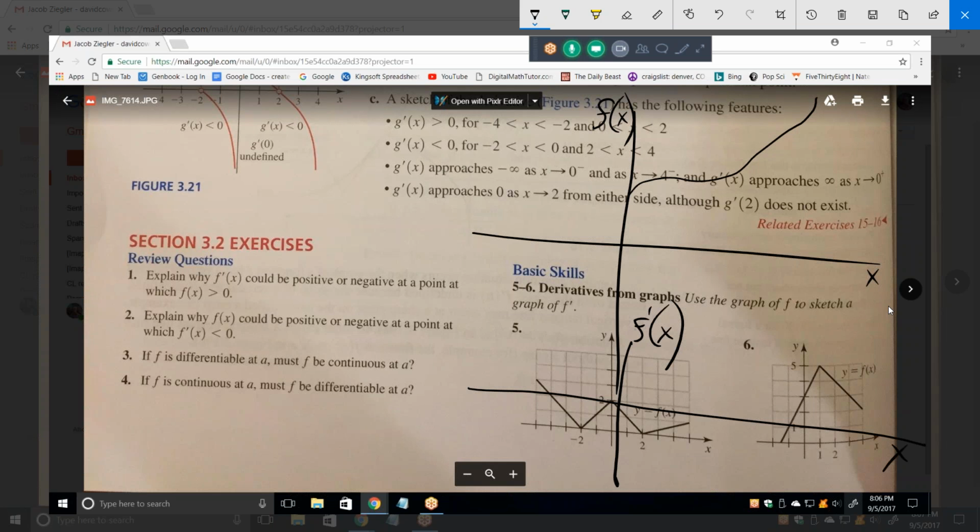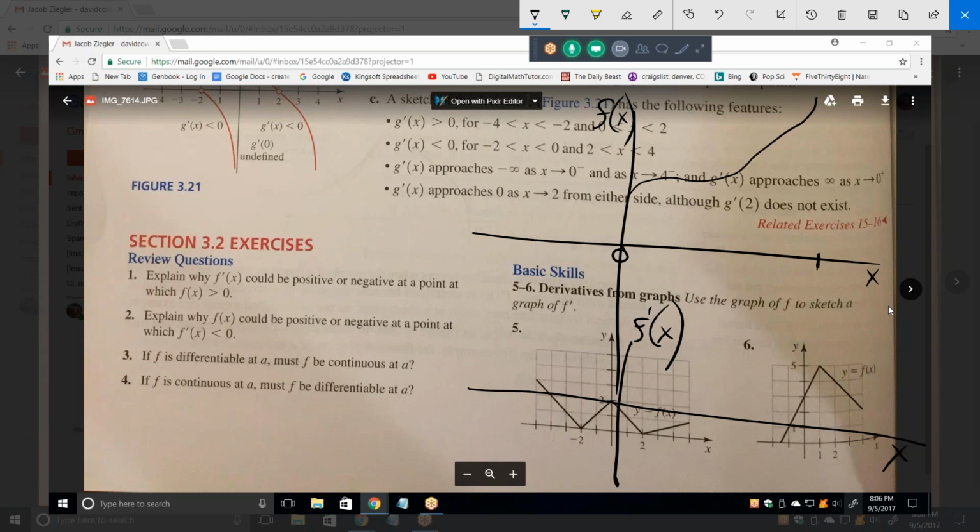So I have 2 different charts, same x-axis, different vertical axis. One is the function, one is the slope of the function. What is the slope of that function throughout, from 0 to here? Is the slope positive or negative?